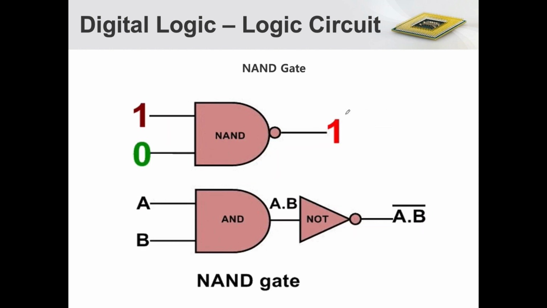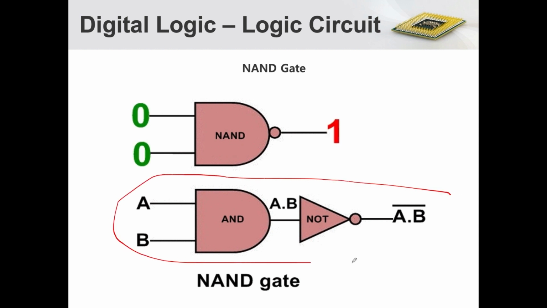So now you can see the possibilities: 0 0, what output you get, and then 0 1 you get 1, 1 0 you get 1, 1 1 you get 0. This is how it looks: if you have A, B, then you get the output as A B bar.